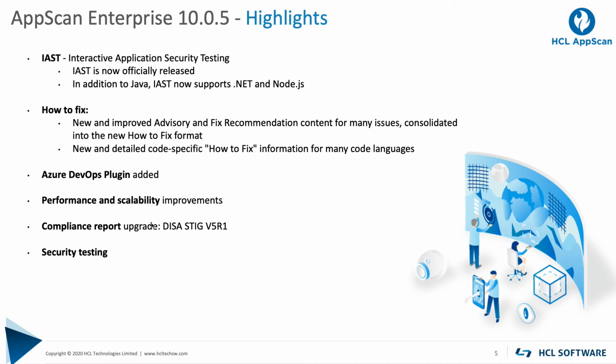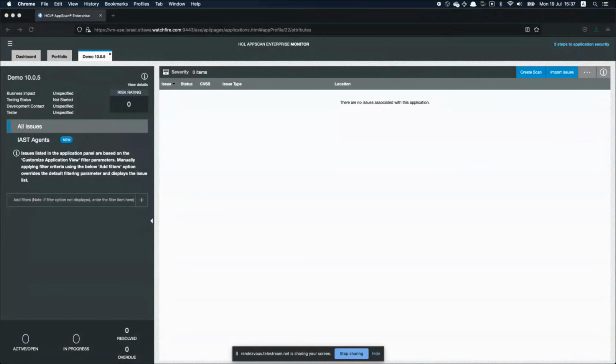Since then, we got feedback from customers and we continue to improve and enhance it. We also added new languages, so now it supports Java, .NET, and Node.js. From this release, it's officially GA, which also means that a license is required. Once I finish this slide, Ran will provide a demo on IAST.